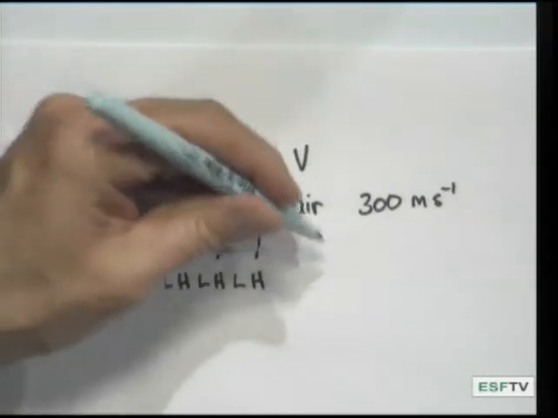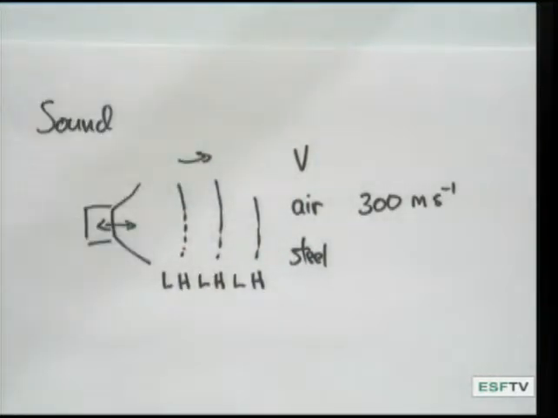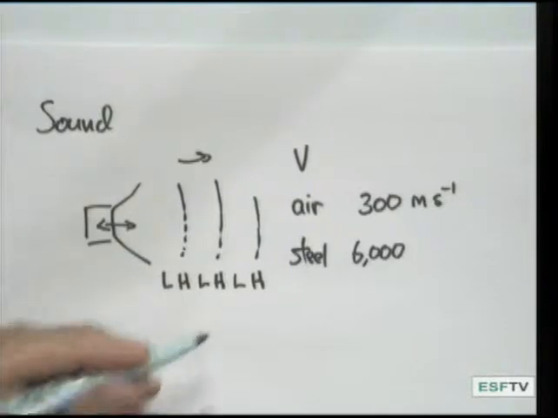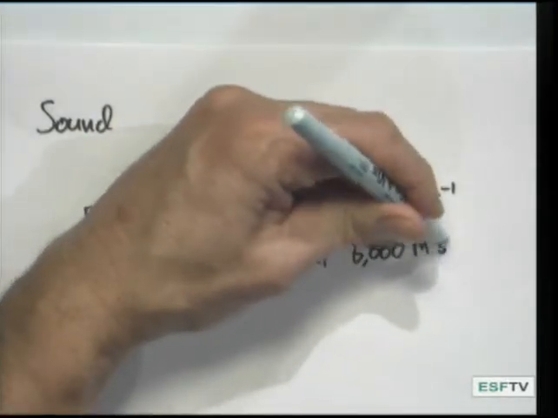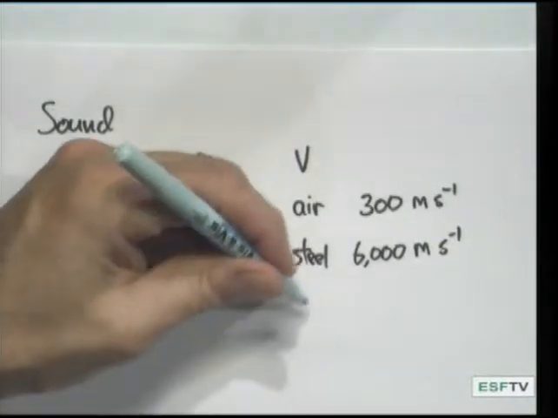If you look at very elastic media like steel, then you're talking about propagation speeds that are much, much faster. This is because steel is a much more elastic medium. You can store much more energy in it as a result of its deformation. And if you look at the speed of sound in steel, for example, you're talking about speeds on the order of about 6,000 meters per second or so.